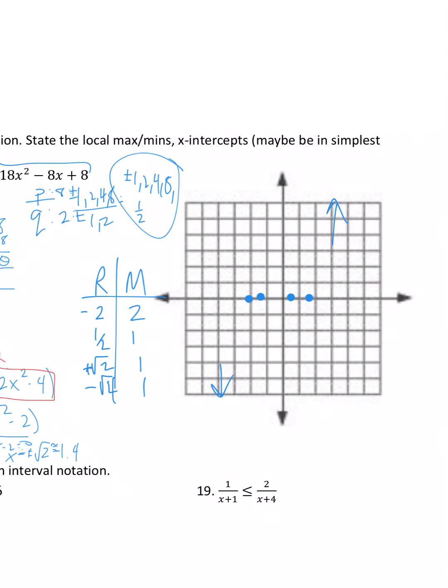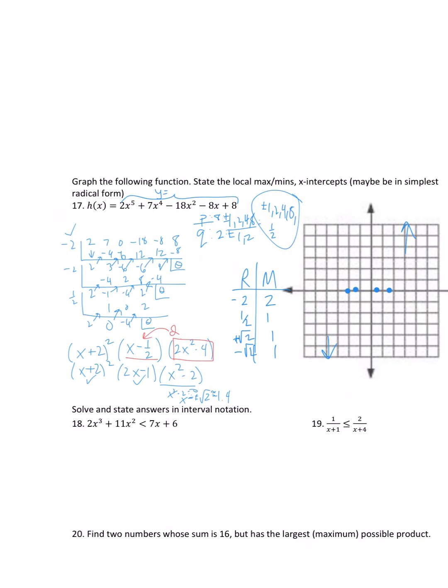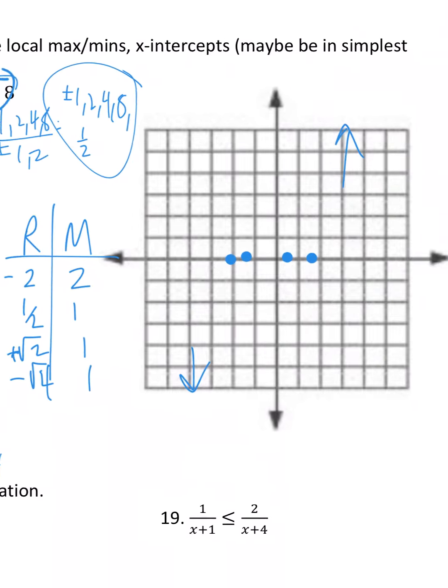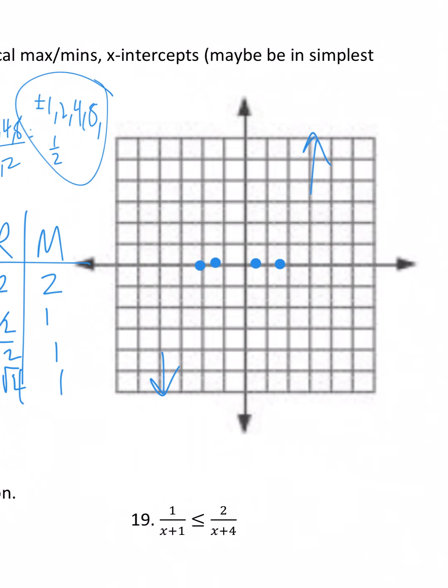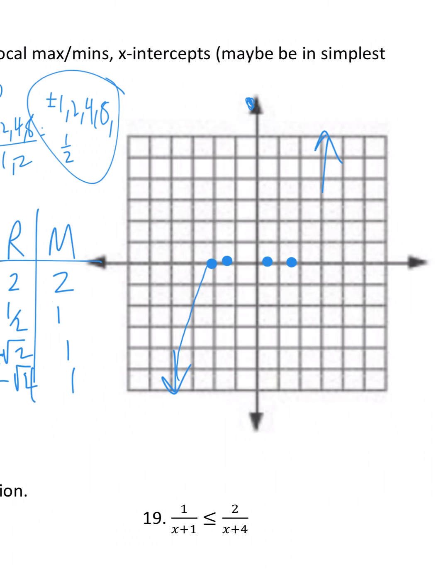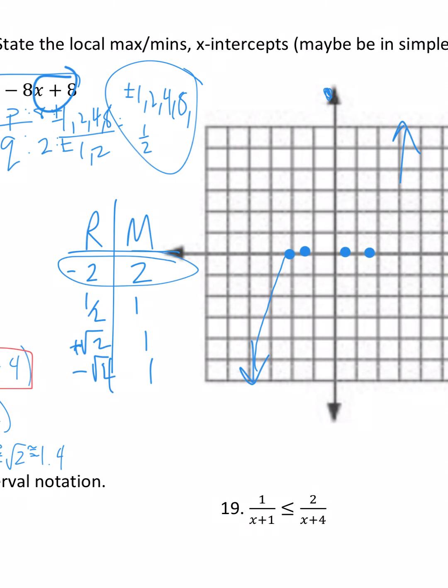And then the last thing that might be helpful is my y-intercept. So my y-intercept is just going to be my final term here, which is 8. So my y-intercept is going to be all the way up here. So I'm just going to do my best. Now the key to this is remembering that if it's an even multiplicity, I actually don't go through.